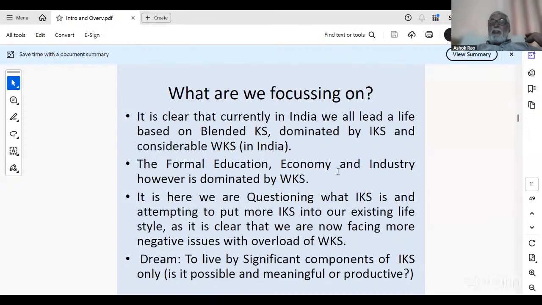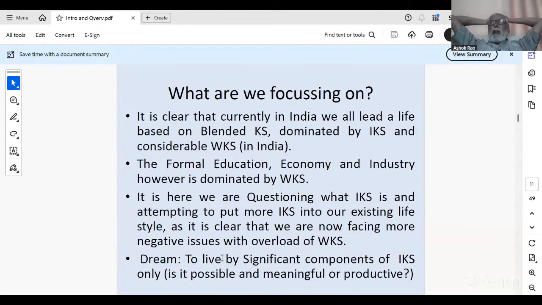The formal education, economy, and industry are dominated by the Western, but our lifestyle, food habits, cultural factors, and the geography we live in are all related to the Indian knowledge system. It is here we are questioning what really IKS is and attempting to put more IKS into our existing life, because now we have a problem of overload and more of the disadvantage of the Western knowledge system.